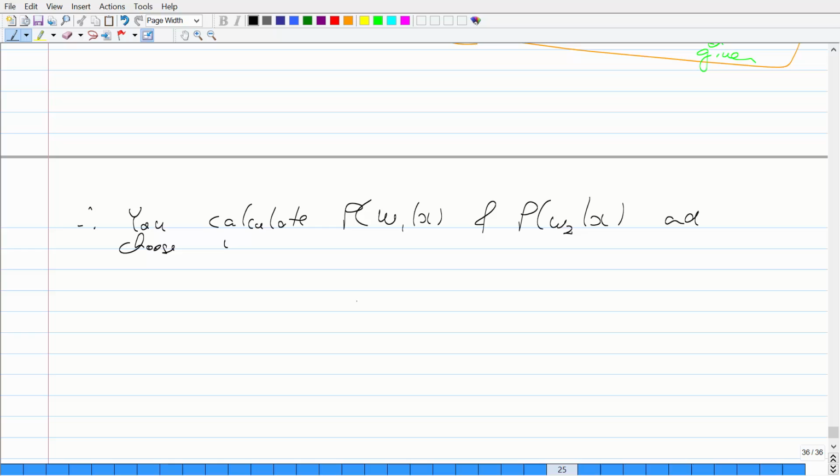Choose whichever class has the higher probability. So that's basically Bayes' decision rule. You're calculating a balance of probabilities. Whichever one is the larger one, that's the one you choose.